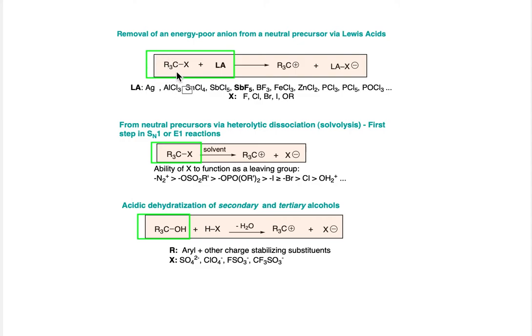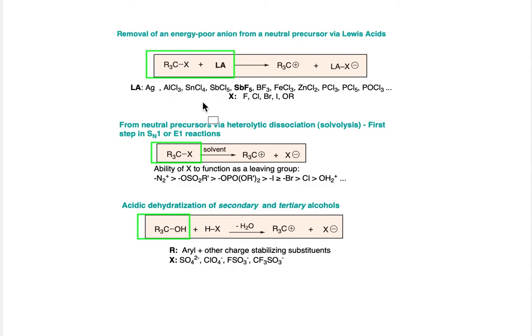In the case of tertiary alkyl halide, the halogen can be fluorine, chlorine, bromine, iodine, or it can be even alkoxide, like ethers. If you place X as alkoxide, then we would have ether as a starting material.